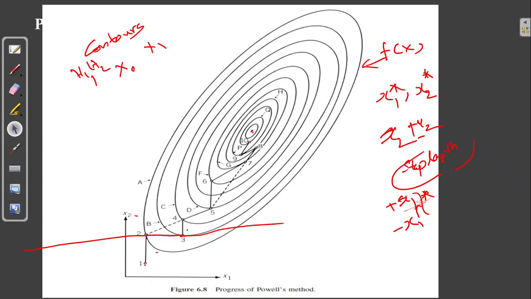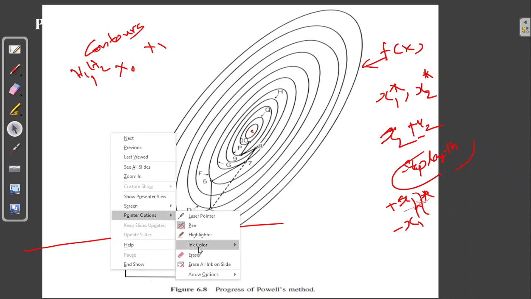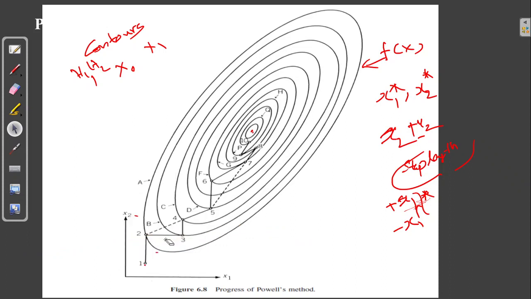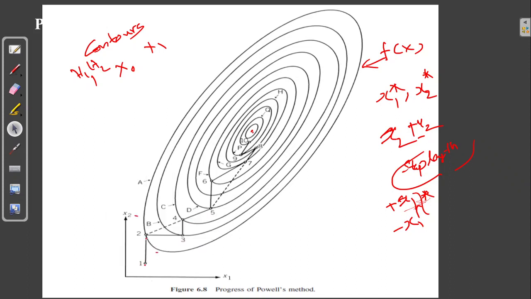Sorry, this is not the hyperplane we have to consider. Yes, we have to consider the hyperplane like this. Yes, this is our hyperplane.